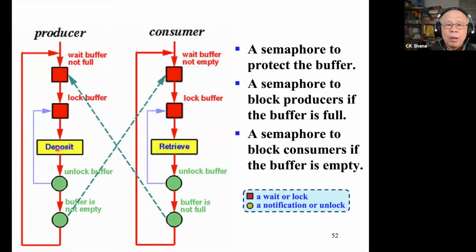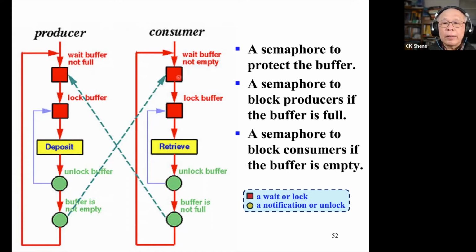Then, after depositing, this producer unlocks the buffer, allowing the next producer or the next consumer to proceed. Now, after adding an item, the buffer is definitely not empty. Therefore, the event corresponding to the buffer being not empty happens. As a result, the producer informs a waiting consumer to proceed. After that, the producer comes back and tries the next run.